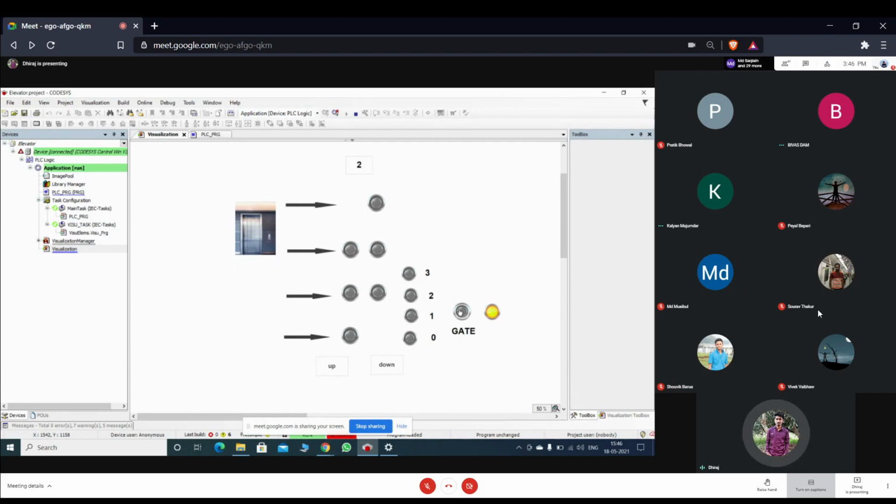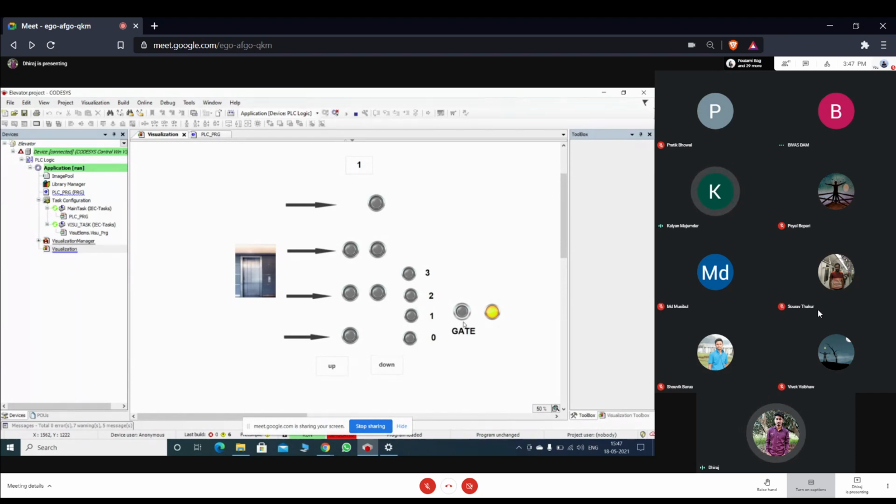And then he wants to go to the first floor. Oh, sorry. Sir, anything else? The gate has to be manually closed. Yes, sir. But it gets opened automatically.